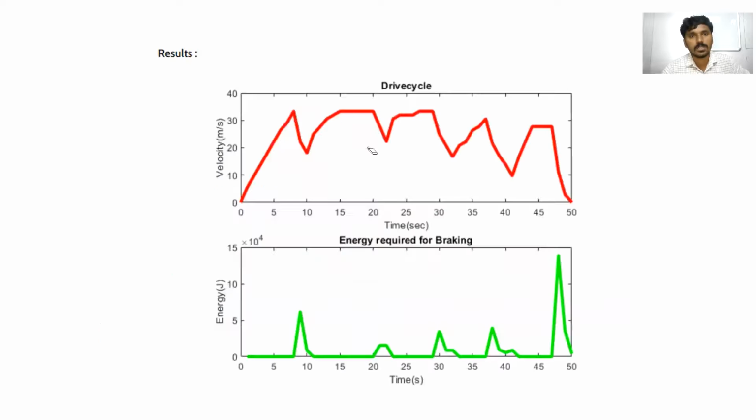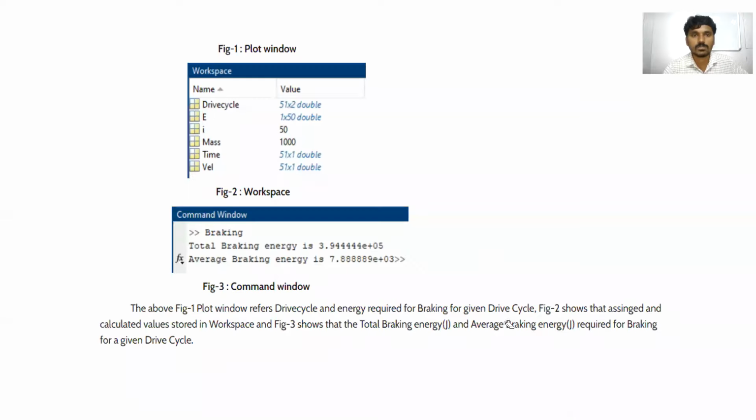This is the plot we have displayed. This graph is also converted in terms of values using the workspace window. In the main command window we can get one plot window. In that we can see the values also at this place, means we can display the values also.